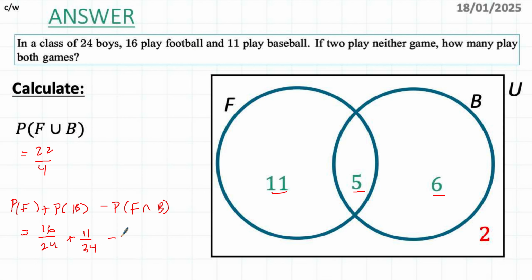And then minus the intersection, which is 5 over 24, because we're double counting the intersection, remember that. And that will give you 22 over 24. So the same answer either way.